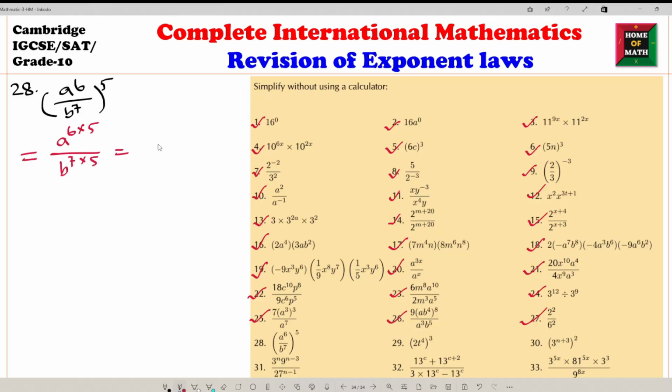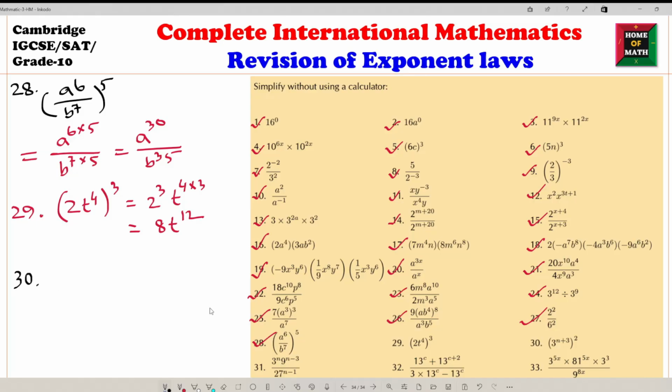So our answer is a^30 and b^35. 29. (2t^4)^3. So here is 2 cubed and t^(4 times 3). So our answer is 2 cubed, which means 8, and t^12.